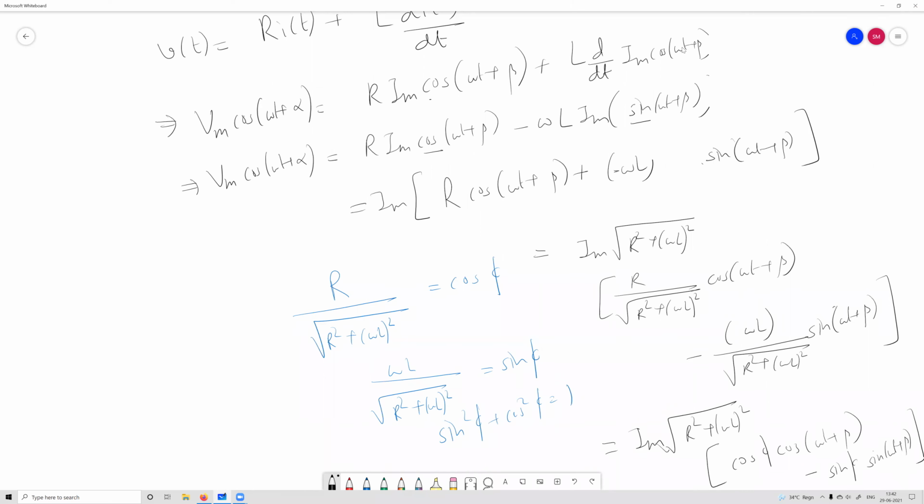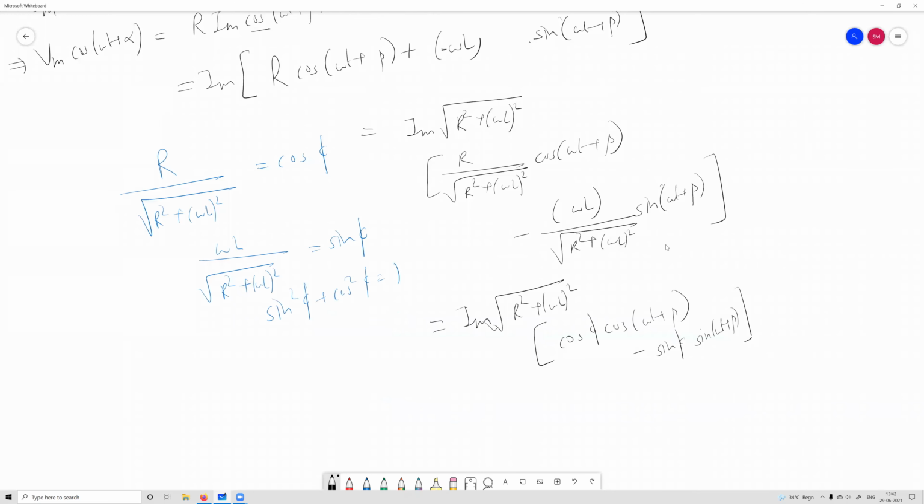This can be written, by using trigonometry, as Im square root of R square plus omega L square cos of (omega t plus beta plus phi), and to remind you, this is equal to Vm cos of omega t plus alpha. Now we can directly compare because we have cos on both sides. We are doing this trick so that we can add the terms, because we cannot add directly a sine and a cos.